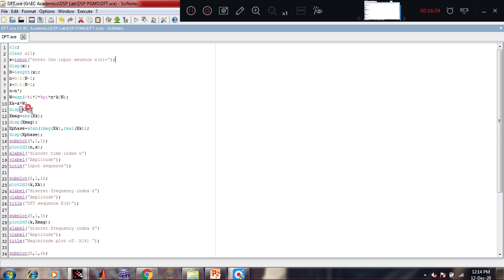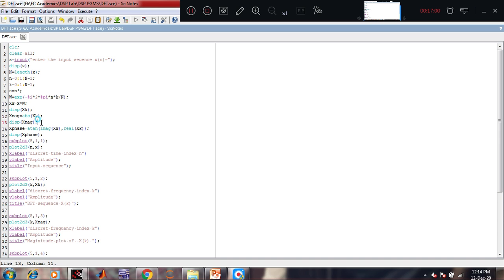Then I displayed the xk. So here you will get the DFT sample values, the DFT sequence xk. Then next I calculate the magnitude. That magnitude, x magnitude, is calculated by using the function absolute. So absolute of xk, you will get x magnitude.